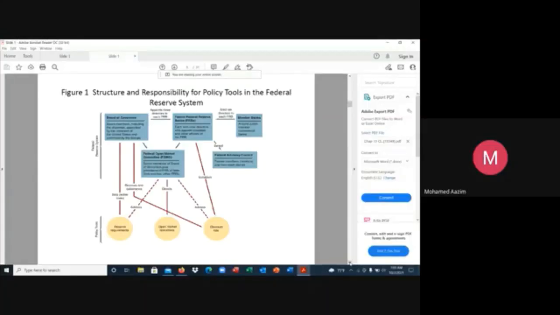These are the main three components within the Federal Reserve System. In addition to that, you have the Federal Advisory Council and member banks, they chip in.